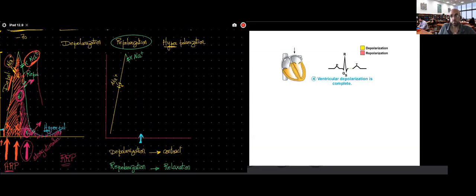Do I want this? Or would I want to assure that the cardiac muscles got enough time to relax? I need to ensure here that the cardiac muscle cells got enough time to relax. So I want to do something like this.